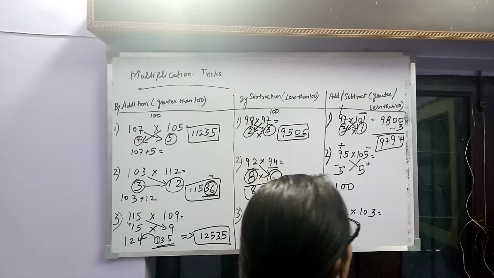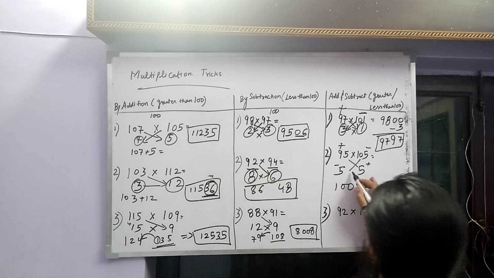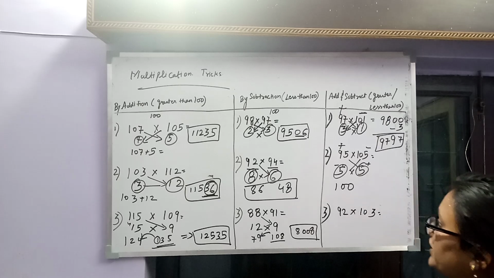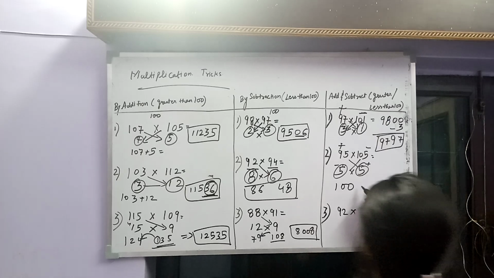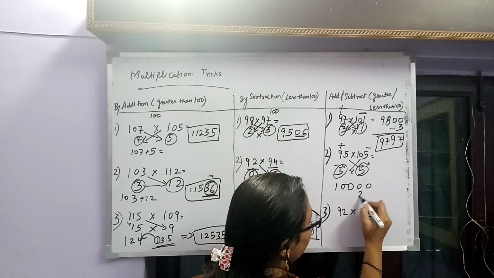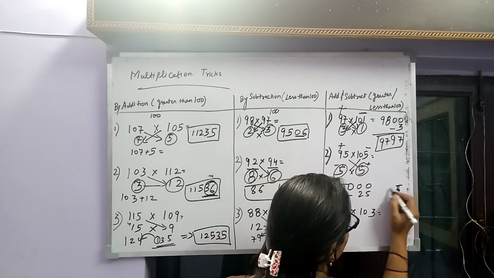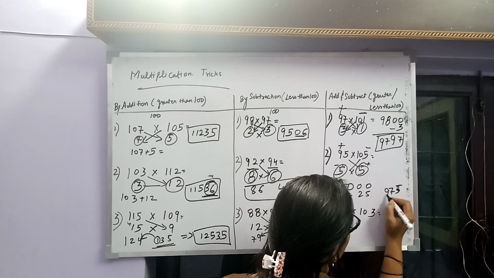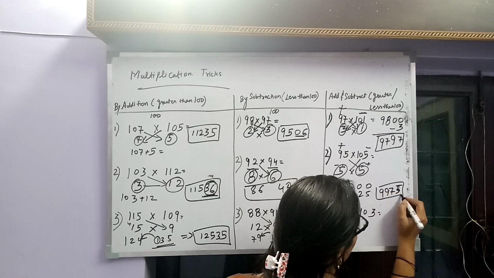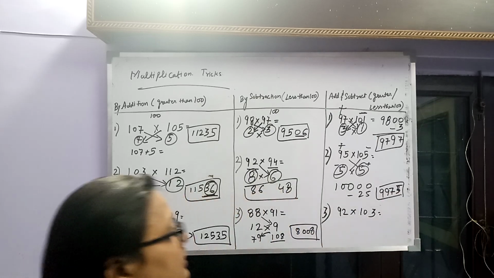Now we multiply these two: 5 into 5 is 25. So I put 20 here and subtract 25. We get 9975. So this is our answer.